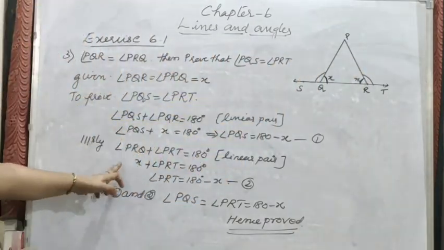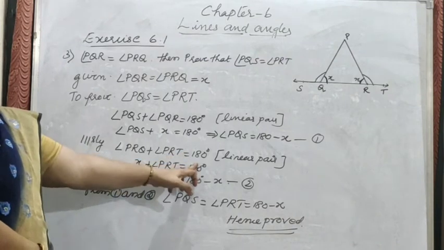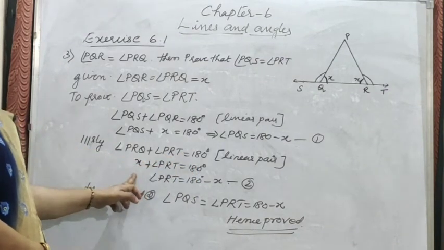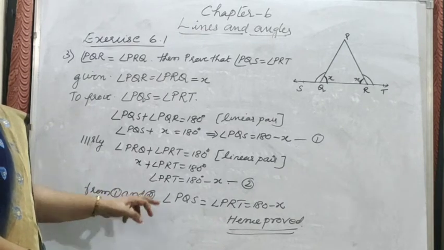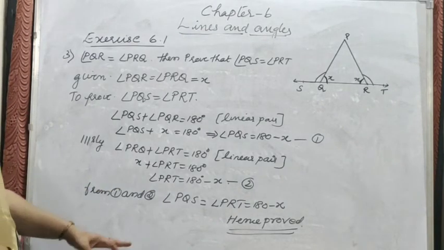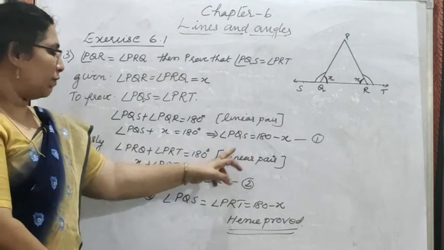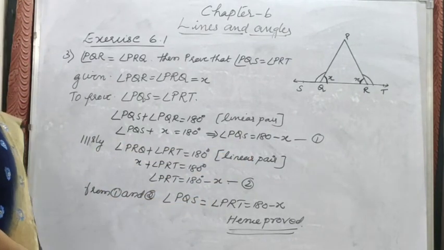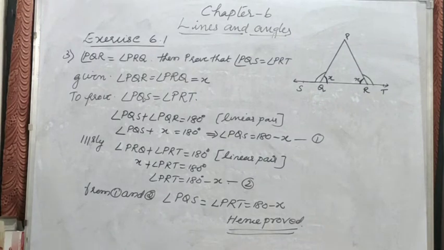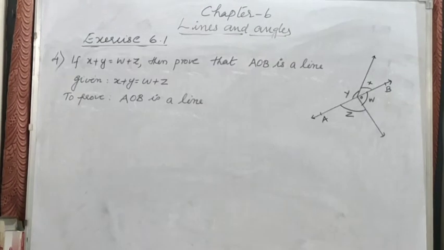So PRQ plus PRT equal to 180 degree. Then x plus PRT equal to 180, therefore angle PRT equal to 180 minus x. Now the step is very clear to you, both the values are equal to 180 minus x. So we can write that angle PQS equal to angle PRT equal to 180 minus x, hence proved.